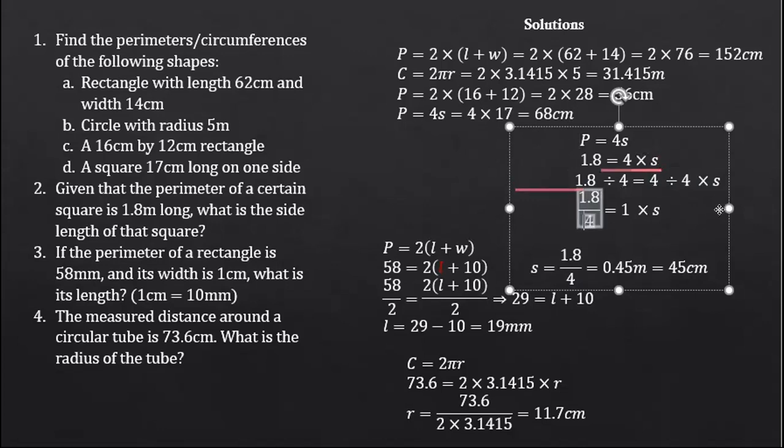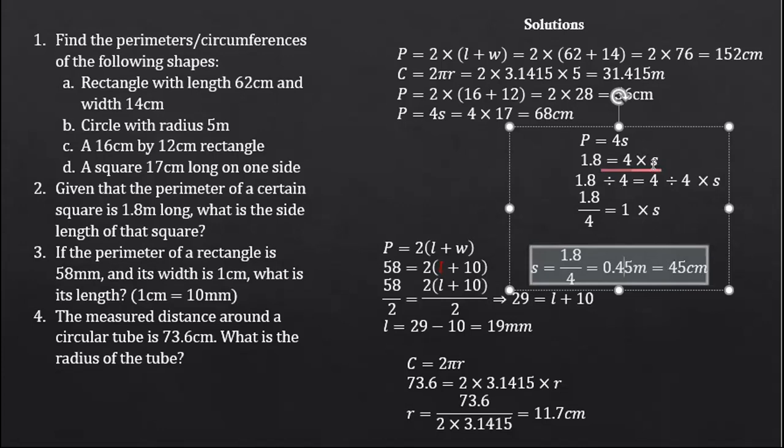And that will then give us this figure that we have down here. So s is equal to 1.8 divided by 4, which will give you 0.45 meters.